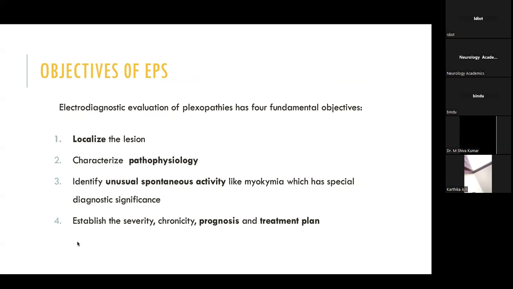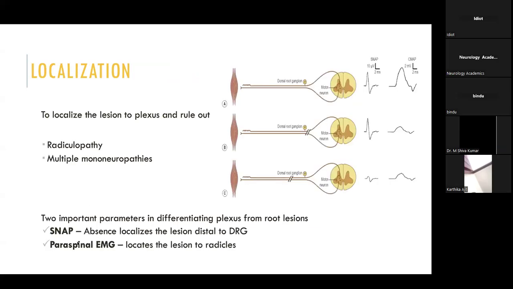The role and objectives of EPS in plexopathies are to help in localization, characterize pathophysiology, and establish severity, chronicity, and prognosis, and to plan the treatment. For localization, it helps in ruling out radiculopathies and multiple mononeuropathies. Two important parameters are SNAP and paraspinal EMG.